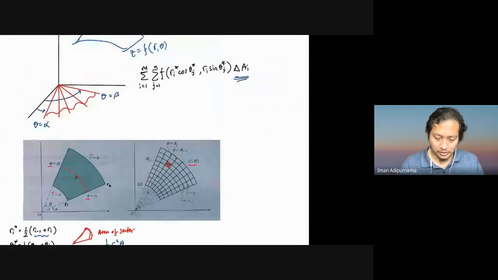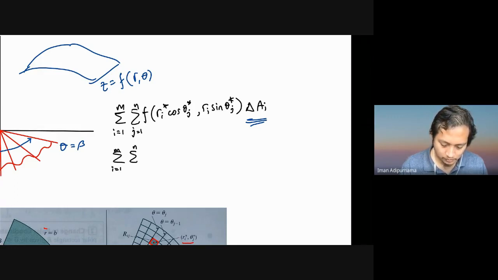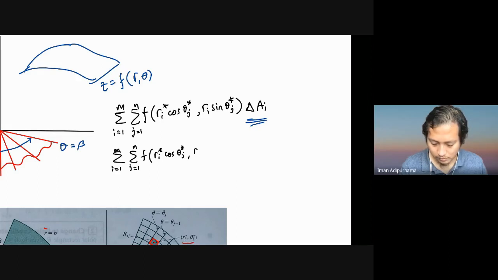Okay, and then back to here, we can write down and change the delta A. So we will have r, delta r, and delta theta.